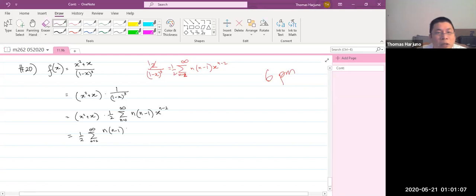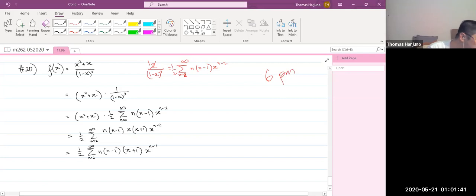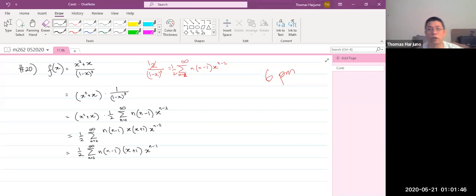That would be x times x plus 1, that's what I multiply in, times x to the n minus 2. And this will be 1/2 the series of n times n minus 1 times x plus 1 times x to the n minus 1. I think that's good enough. Okay, that's for number 20.